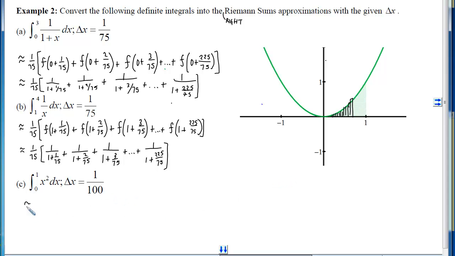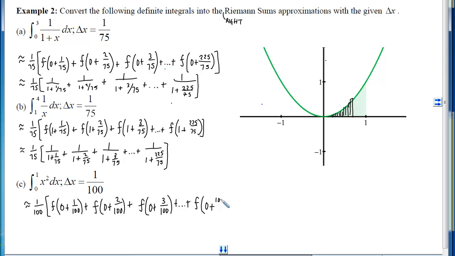So this will be approximately the width, which is 1/100, times the function evaluated at 0 plus 1/100, plus the function evaluated at 0 plus 2/100, plus the function evaluated at 0 plus 3/100, and on until we get to the final, which is f of 0 plus how many steps of width 1 over 100 do I need to get all the way out to the final right edge of 1?